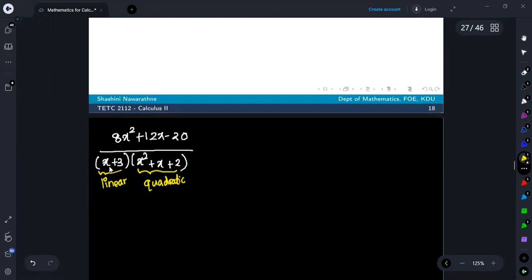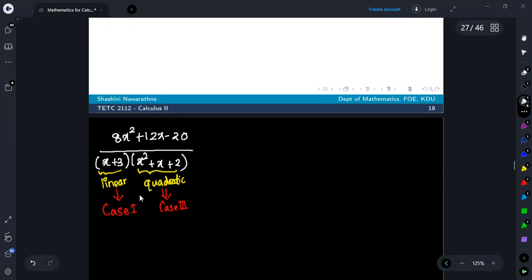And we can see that these factors are not repeating. So the first factor follows case 1, and the second factor follows case 3. Let's see how to write the expression for this type of example.